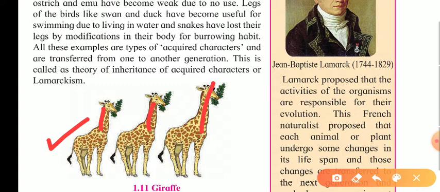So to reach there, they used to pull their necks upward, and due to that, slowly and slowly the evolution took place and the length of the neck started to increase.